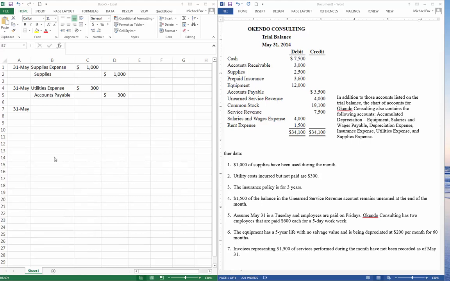So each month they have this policy, they're going to recognize that they have incurred the expense or used up part of their prepaid insurance by doing an adjusting entry for $100 worth of insurance expense, and that will reduce the value of the asset prepaid insurance by $100.